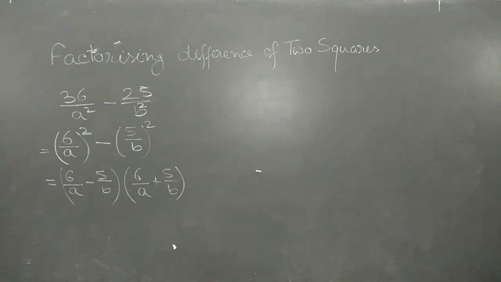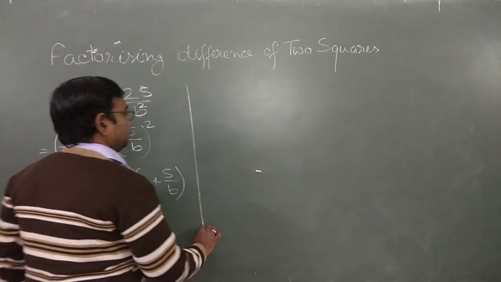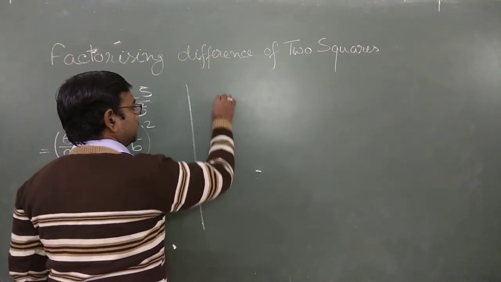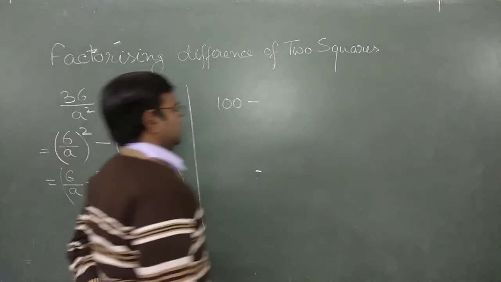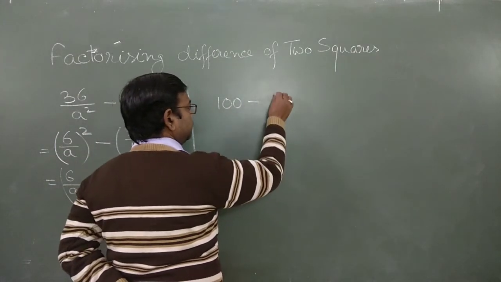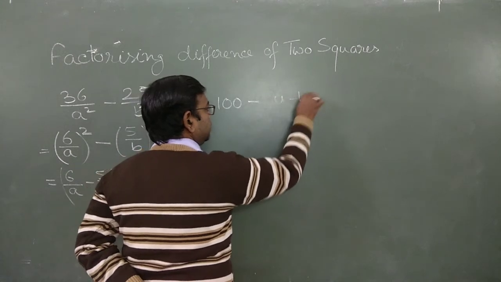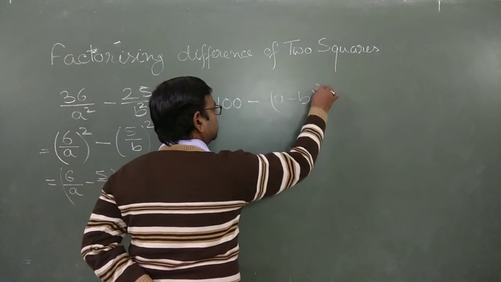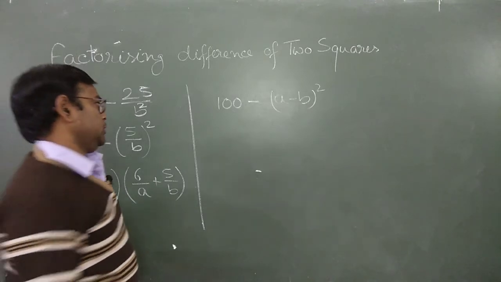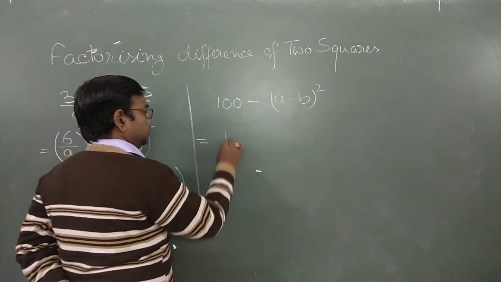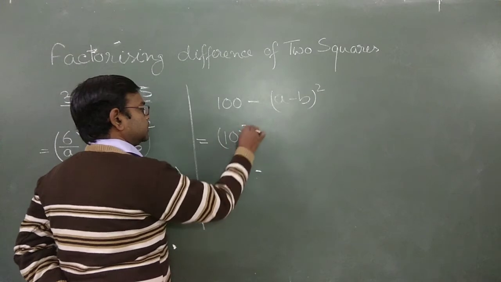Now next question we have something like this one. We have 100 minus, or here we can write a minus b whole square. The question says to find the factors of this one. Easy. First term, square root of first term, likewise.